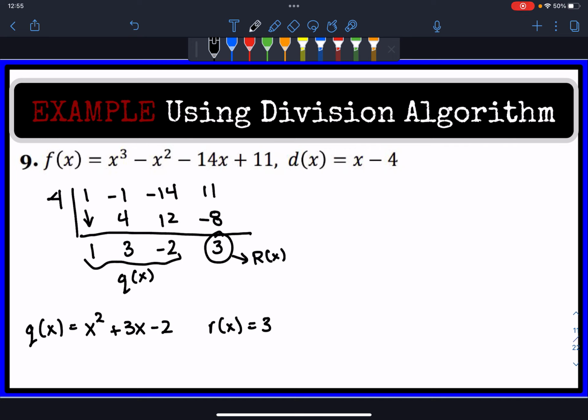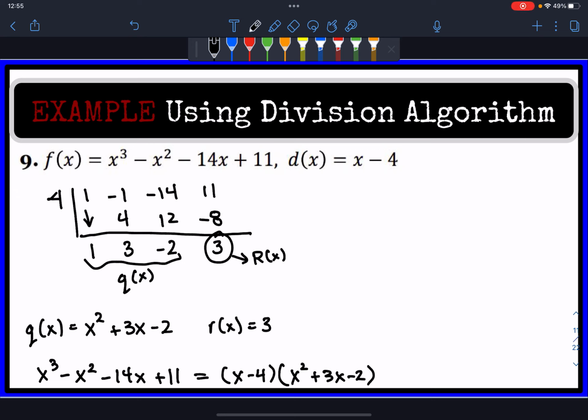So using the division algorithm, what this means is that I can write f of x, which is x to the third power minus x squared minus 14x plus 11, equal to x minus 4 times the quotient of x squared plus 3x minus 2 plus the remainder of 3.